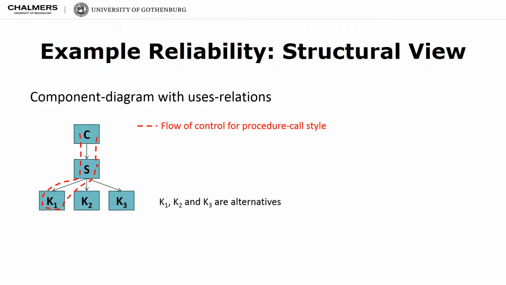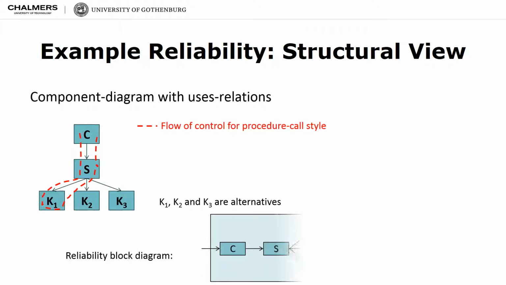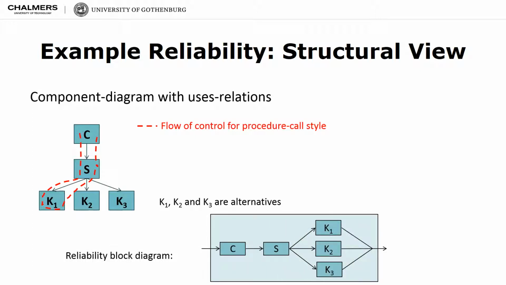Therefore, the corresponding RBD consists of all components C and S in sequence, followed by the parallel or alternative composition of K1, K2, and K3. A reliability block diagram is not correct unless there is a complete flow from start on the left typically to the output on the right. So the diagram must show how the outputs of K1, K2, and K3 are combined.